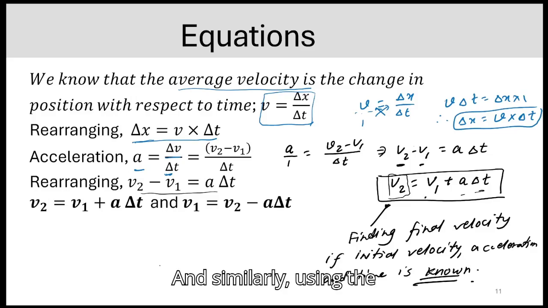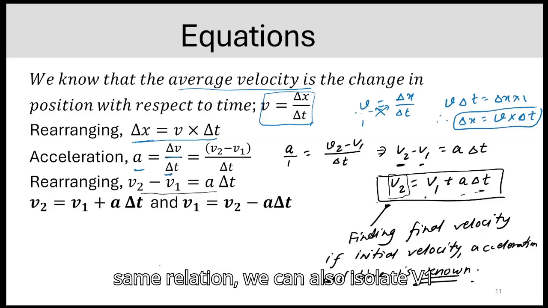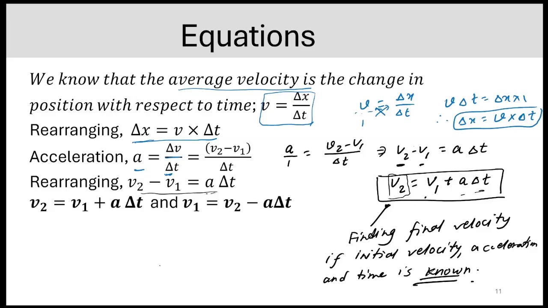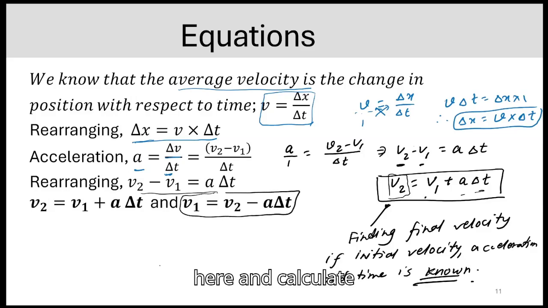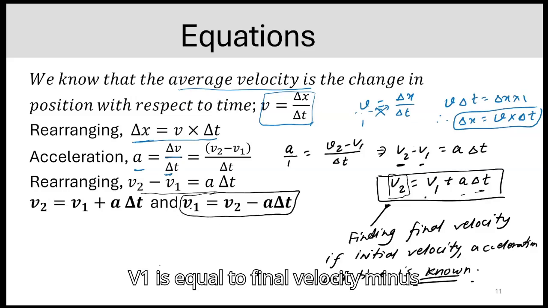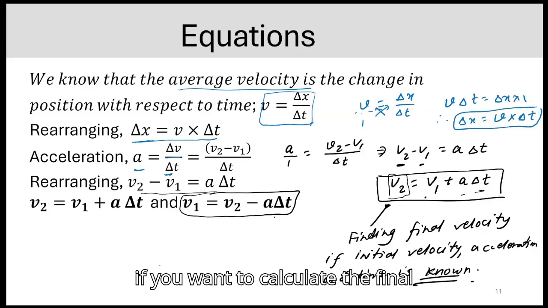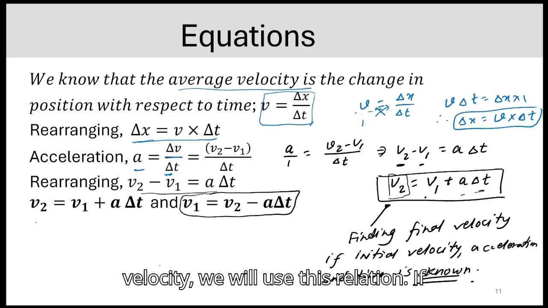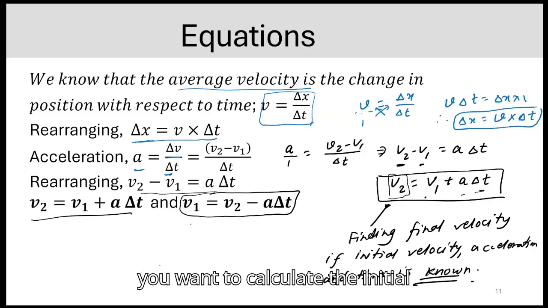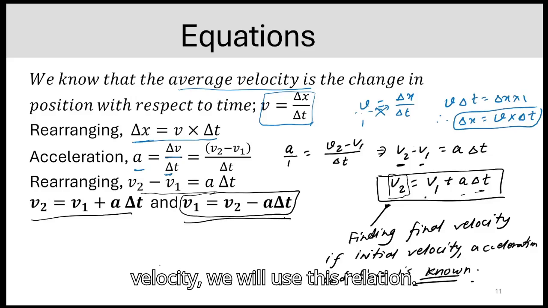And similarly, using the same relation, we can also isolate v1 here and calculate v1, where v1 is equal to the final velocity minus acceleration times delta t. So if you want to calculate the final velocity, we will use this relation. If you want to calculate the initial velocity, we will use this relation.